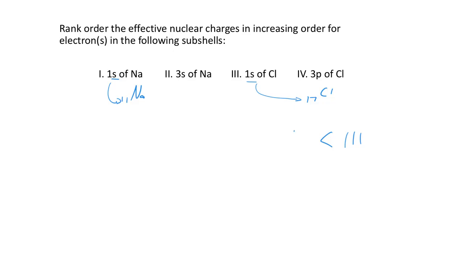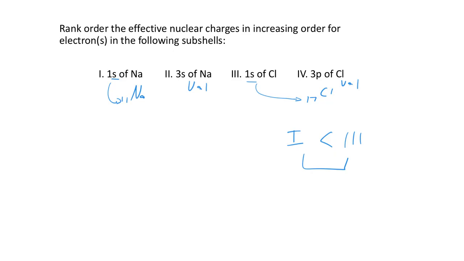And so then 1 should be next because our outer valence electrons don't experience that high of an effective charge. So the valence electrons are going to be shielded by the inner core electrons. And so the outer valence electrons don't experience nearly as high of an effective charge as those inner core 1s orbitals do. The 1s electrons are experiencing that full nuclear charge that the nucleus has. And so that's why the electrons that are closest to the nucleus experience the greatest overall charge.